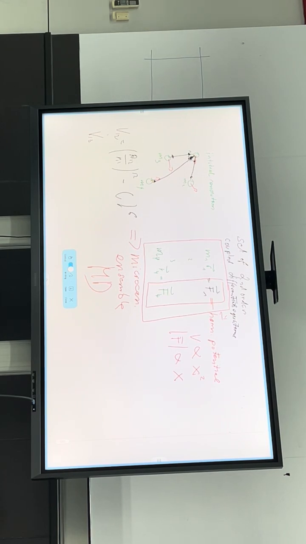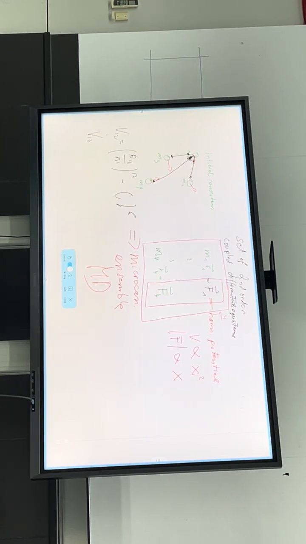If you have, let's say, a molecule, let's think of a water molecule. That's maybe simple. And in the water molecule, we can assume that the atoms move, or the water molecule vibrates harmonically.